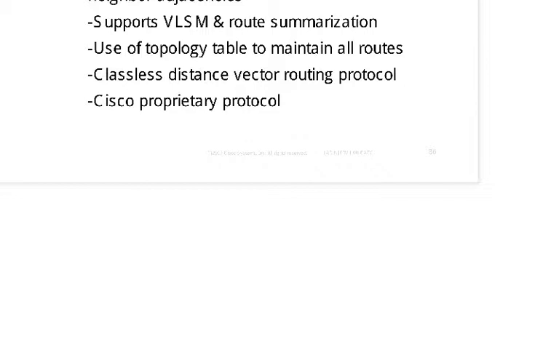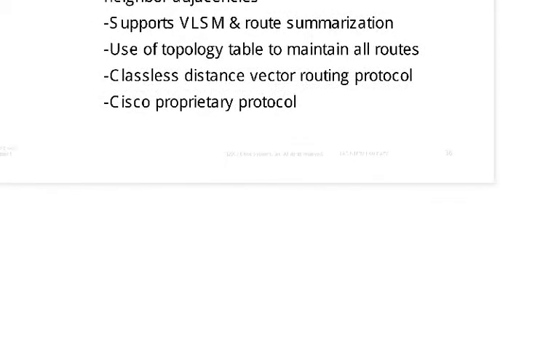Okay? RIP is a classful routing protocol, in which case RIP does not send the subnet mask as part of the route update. And this is an accurate definition, because that doesn't necessarily mean that RIP does not deal at all with classless addresses. We'll see that in a minute.